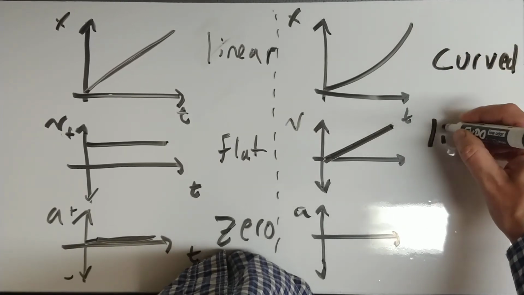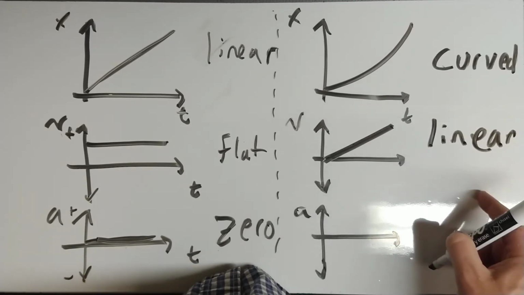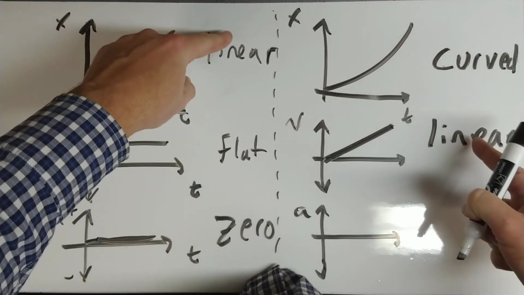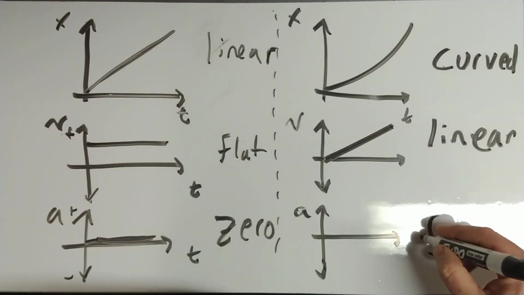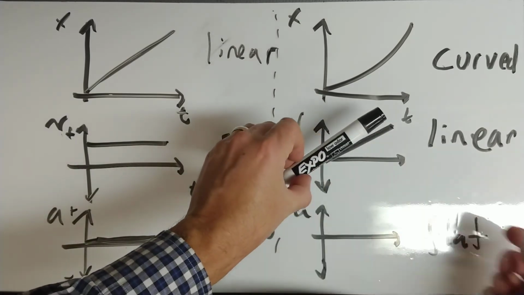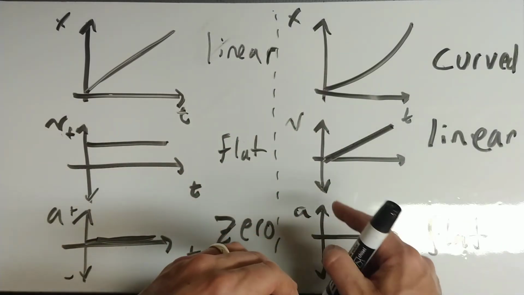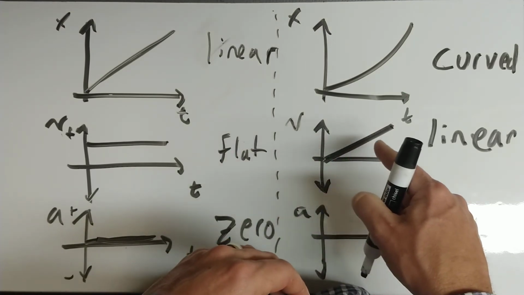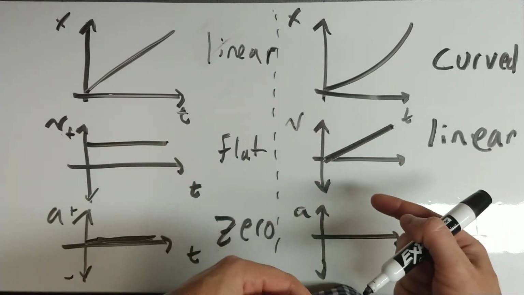We say linear velocity function, and we see, well, if we pick up this pattern, linear, the next one down must be flat. Meaning, if the slope of velocity versus time is constant, therefore velocity is changing at a constant rate, that must mean we have a constant acceleration.